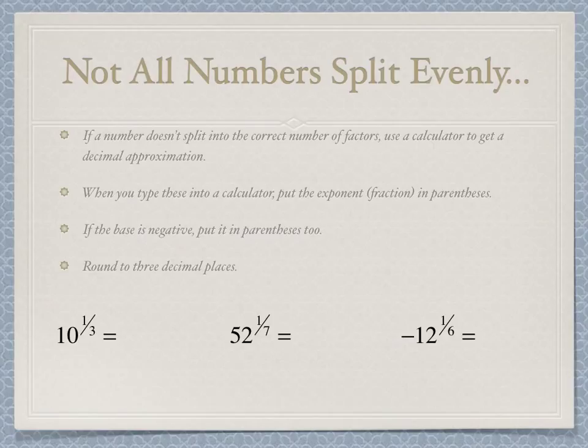Okay? So when they don't split evenly, because it's actually pretty rare that they do split perfectly, you just type them into a calculator, and your calculator is going to give you a decimal approximation. So what you want to make sure when you type these into your calculator is that you put the fraction part in parentheses, okay, so that your calculator understands it's a fraction.